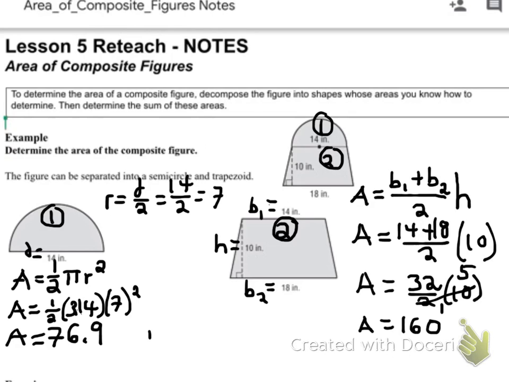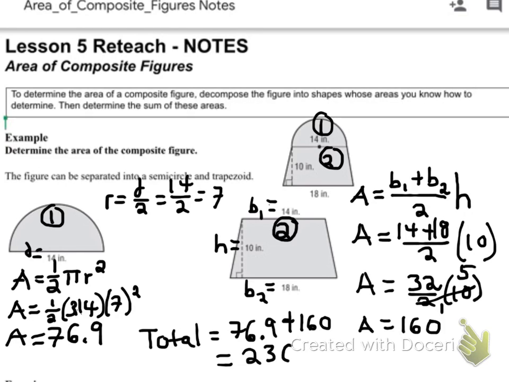So now we'll find the total. Equals 76.9 plus 160, and that will equal 236.9 inches squared.